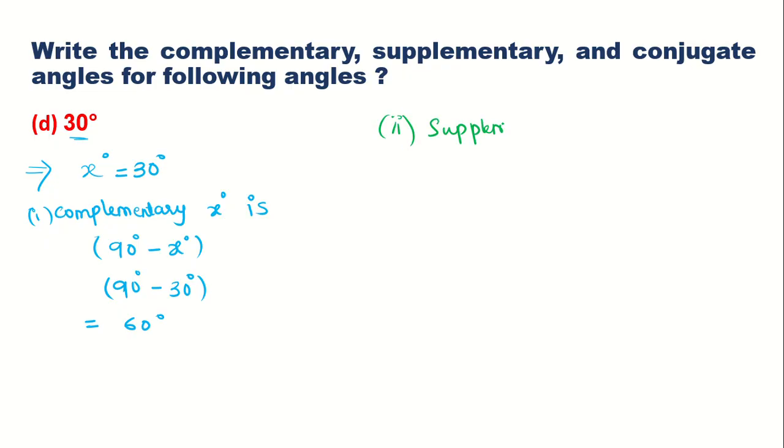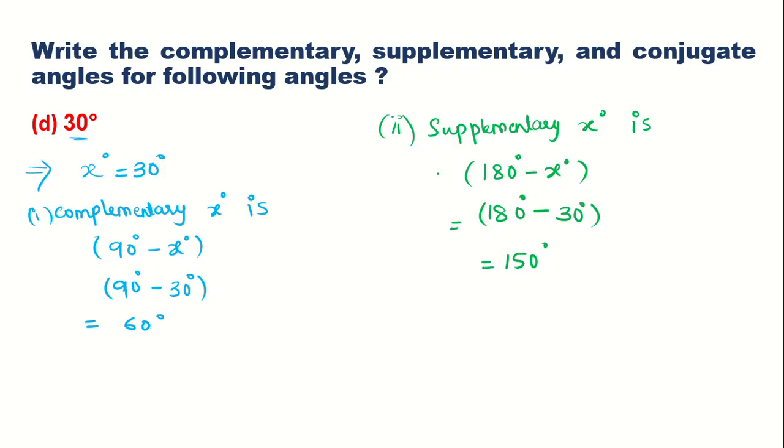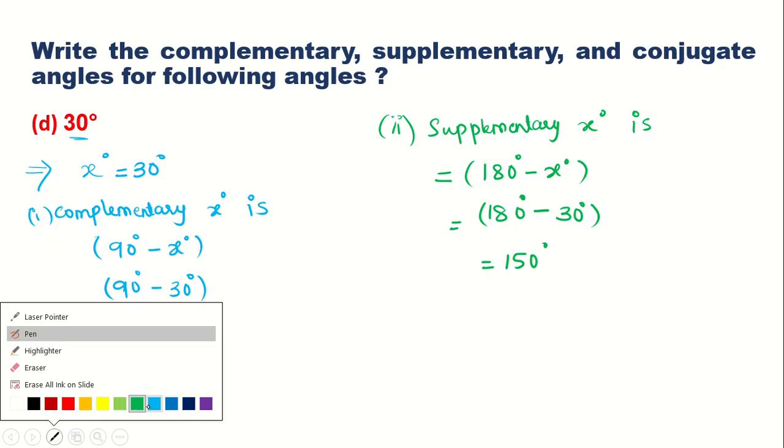Next, we'll see the supplementary angle. The supplementary angle of x degrees is 180 degrees minus x degrees. 180 degrees minus how much is x here? 30 degrees. So what answer will you get here? 180 minus 30 is 150. Right? So this is the supplementary angle of the given x degrees.